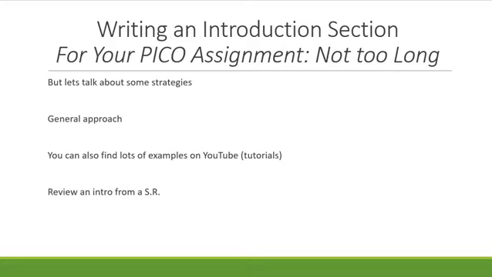And I think what's valuable when you think about your introduction section is that it's setting the stage. It's getting ready to tell your story, why your research in the form of a systematic review or a scoping review is necessary.